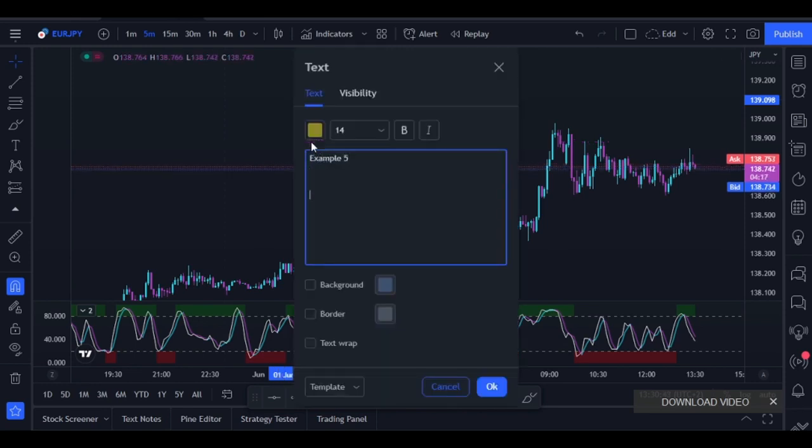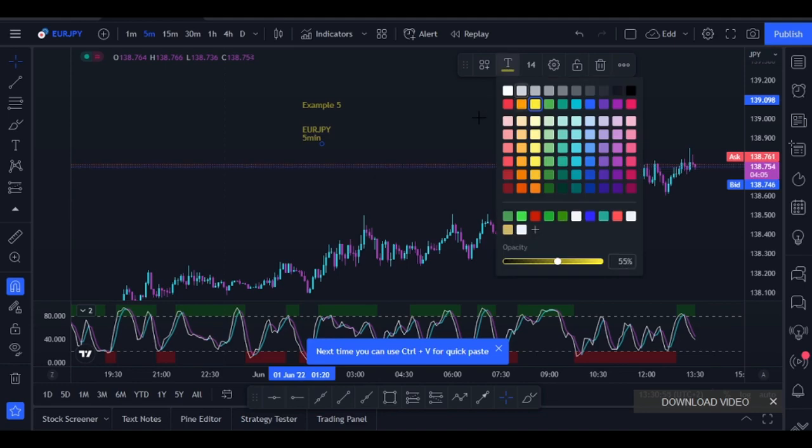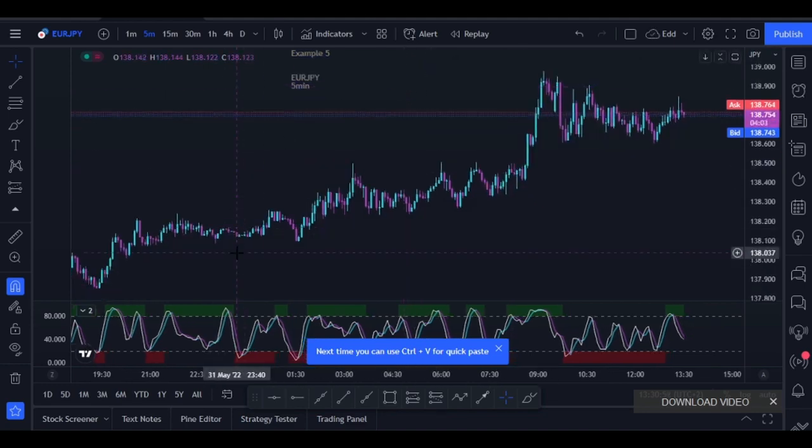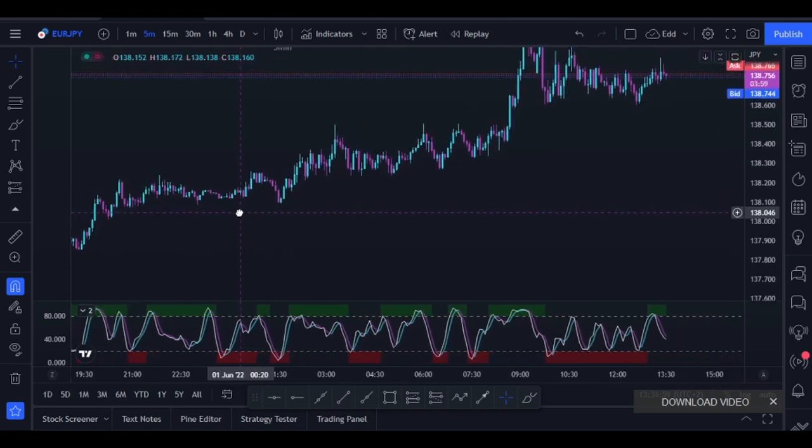This is example number 5 on the Euro JPY 5-minute. Okay, let's make this gray. Okay, this thing has been trending up. It's been trending up. Now let me show you where I executed from.